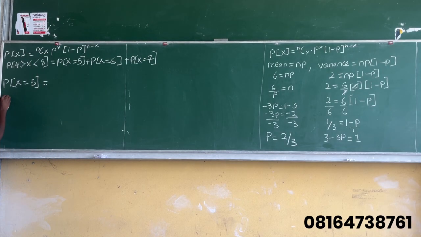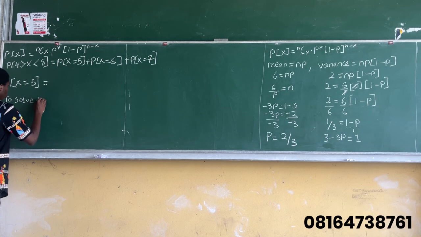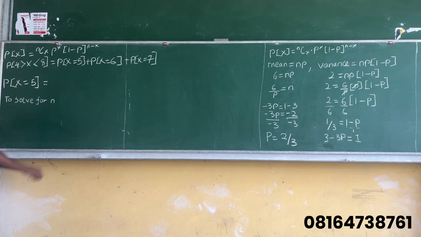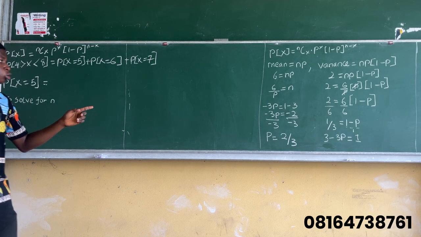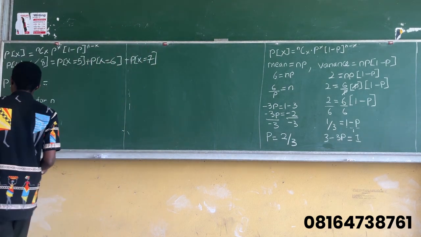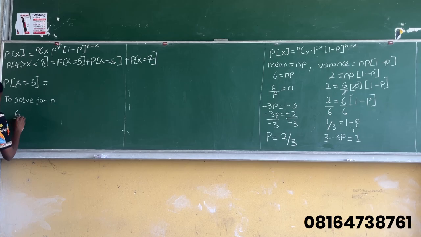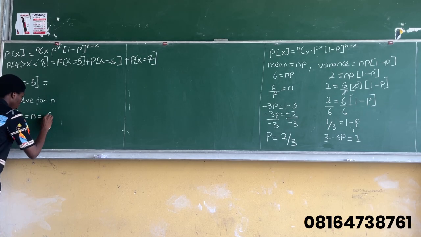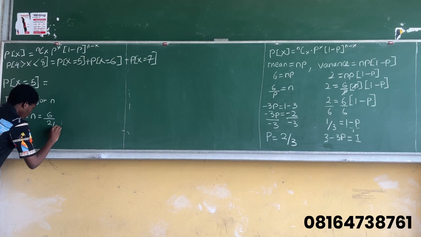To solve for n, we'll do 6 divided by 2 over 3. So this 6 over p is equal to n, which is equal to 6 divided by 2 over 3.